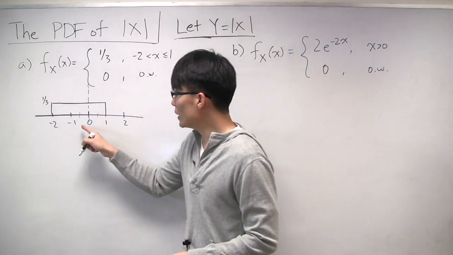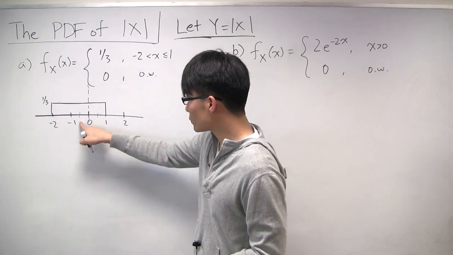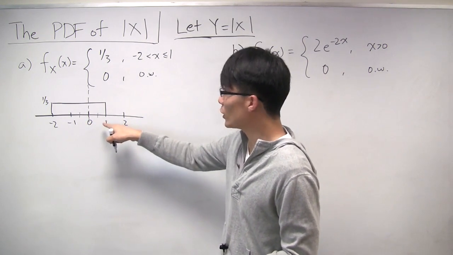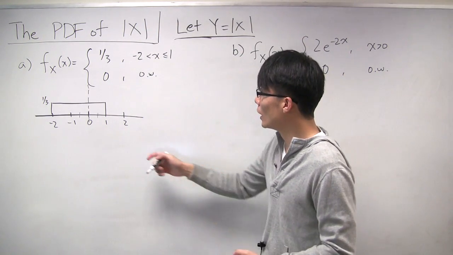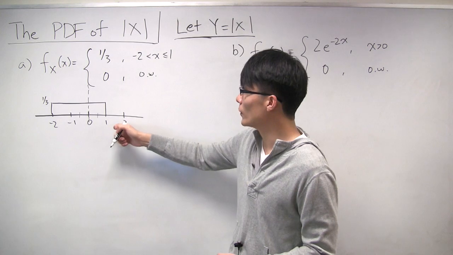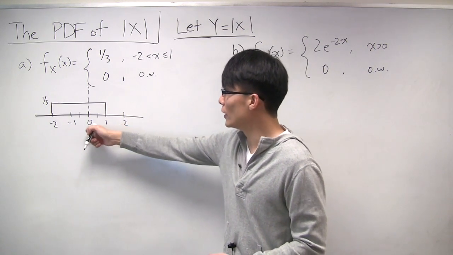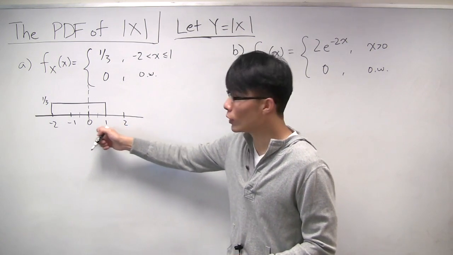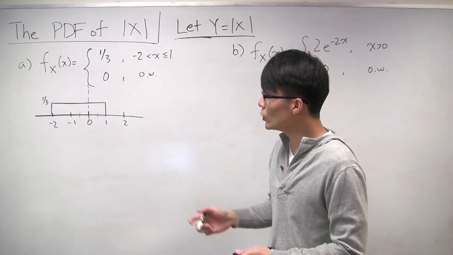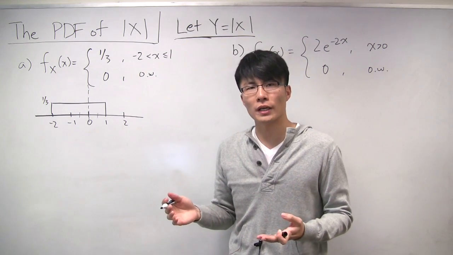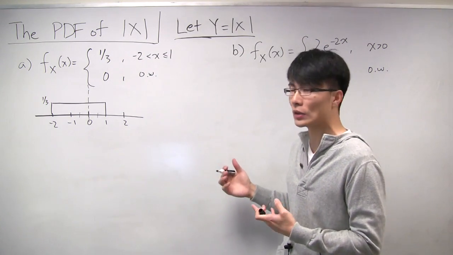So you can just imagine that each one of these values for y, and remember y has to be non-negative because it's an absolute value, has two contributions: one from the right side of 0, and one from the left or negative side of 0. You can write an algebraic expression for this, and we'll do that in part C.